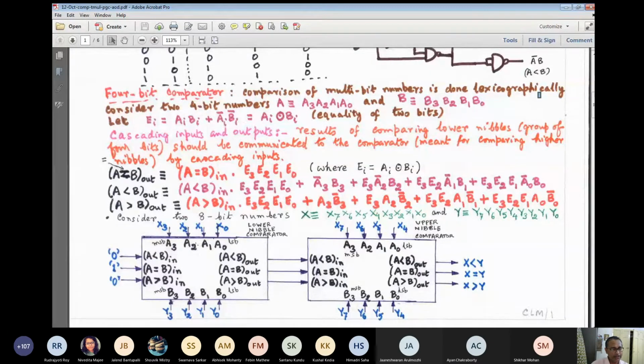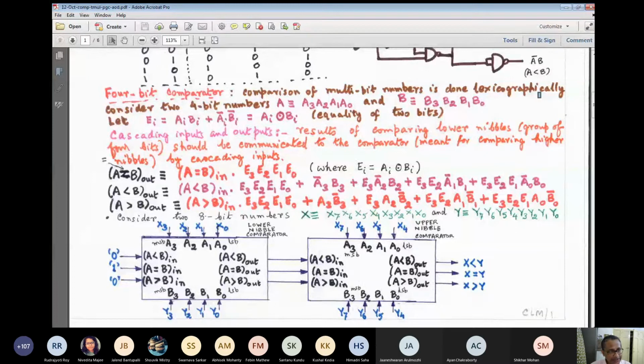That means the comparison now is carried out over the lowest 4 bits. This is the lowest end. Now the result of comparing the lowest nibbles of word A and word B is propagated to that comparator which compares the immediately higher significant nibbles.